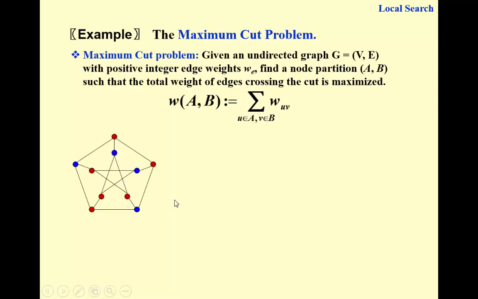To understand this problem, let's think about attending a conference with n talks. Each talk corresponds to a node in this graph, and the edge corresponds to people.